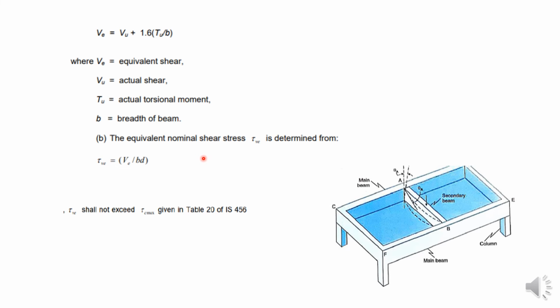The equivalent nominal shear stress, tau Ve, is determined using Ve by bd. Normally tau Ve shall not exceed tau c max. The value is given in Table 20 of IS 456 2000.